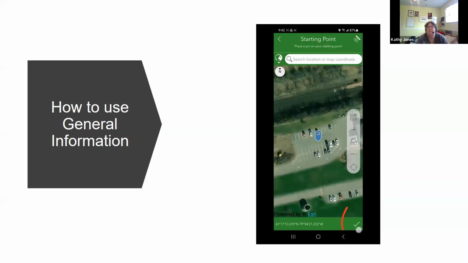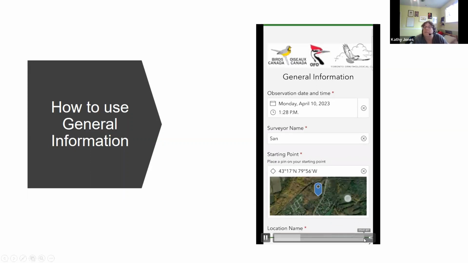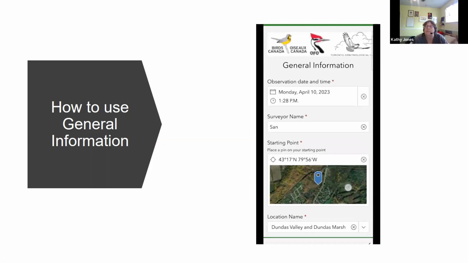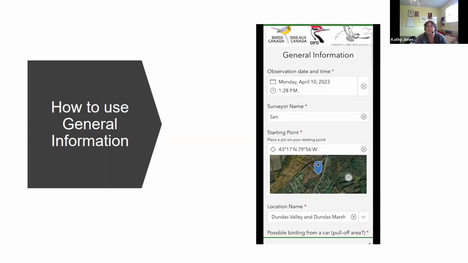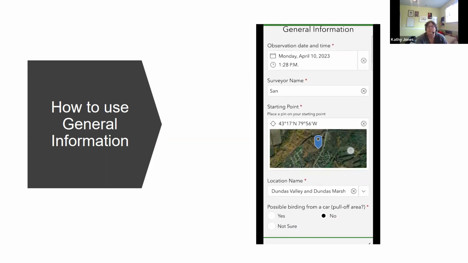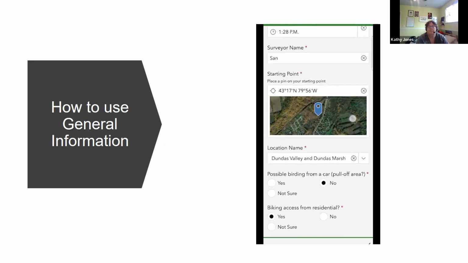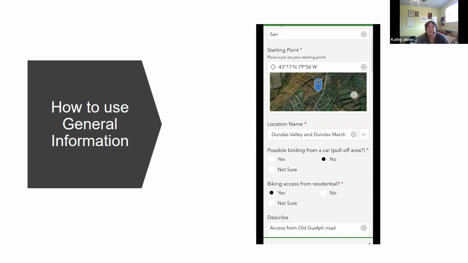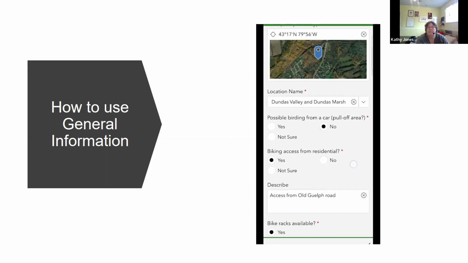Then, to submit my location, select the check mark. Location name is Dundas Valley and Dundas Marsh. I select that option. A possible building from a car pull-off area? No. A biking access from residential? Yes. I will describe the access is from Old Wealth Road.